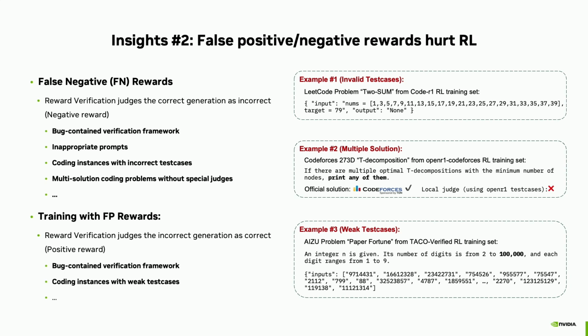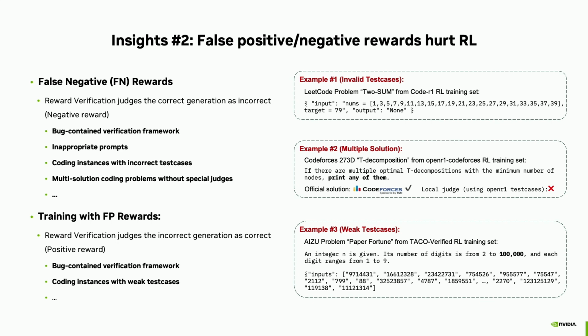First, if your verification tool is buggy, then you may have false negatives. Also, it's possible that your coding instances have some incorrect test cases, or you do not exclude some multi-solution coding problems.